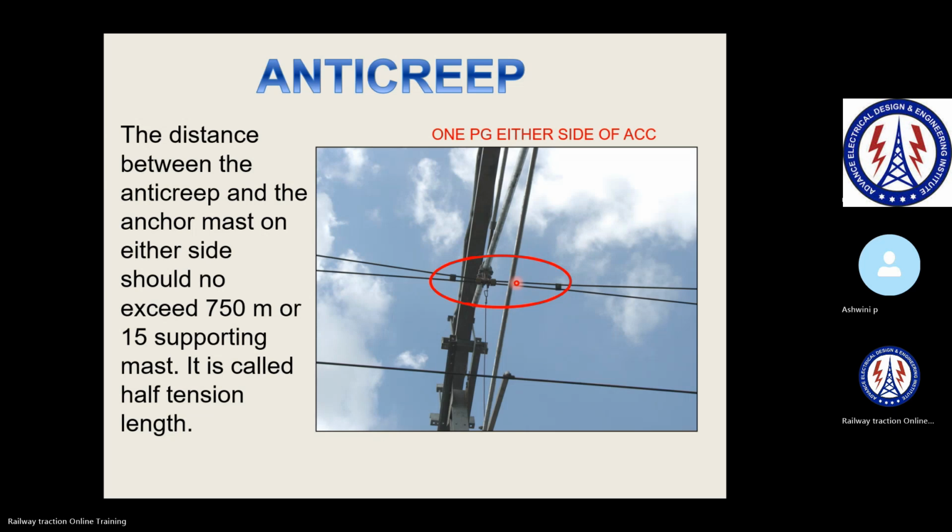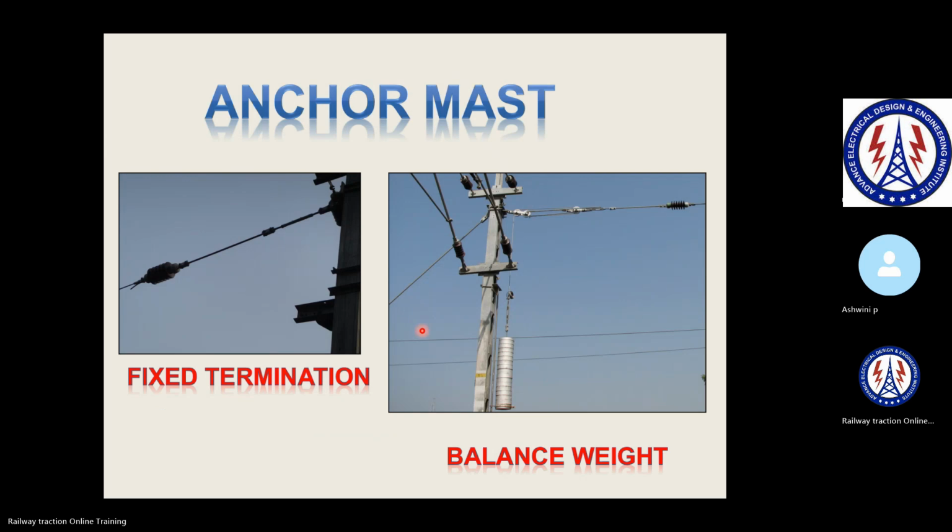Here also it is shown as 750 meters, or 15 supporting structures, anything it can be, half tension. So this is how the anchoring of the mast takes place.